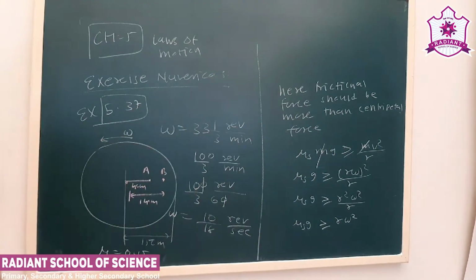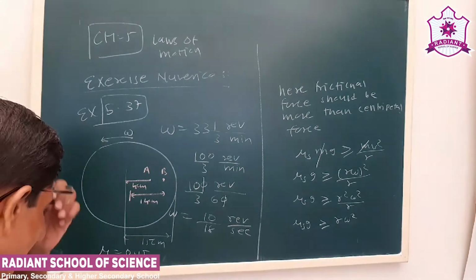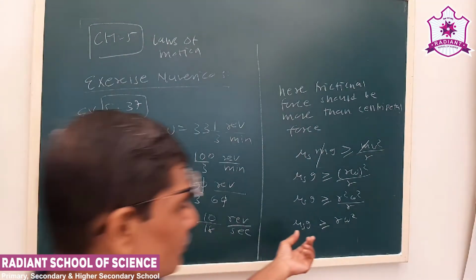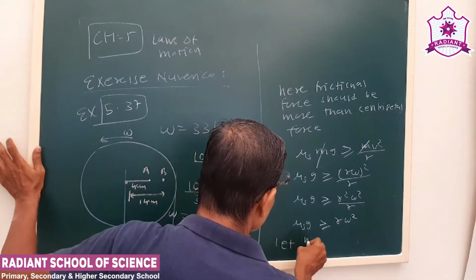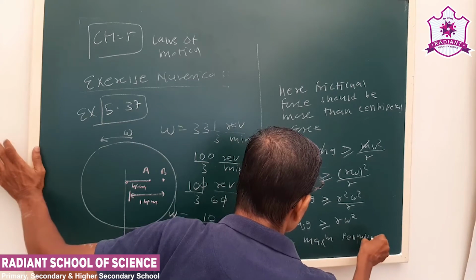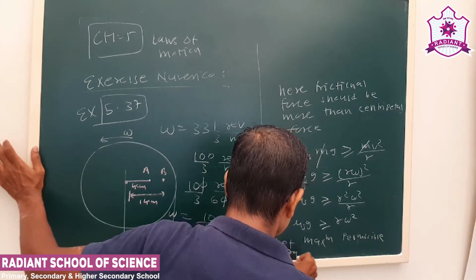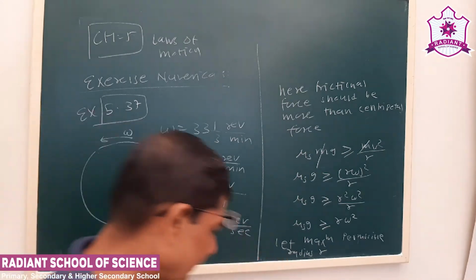Now see, for the maximum radius permissible, this is in terms of inequality, but when we take the maximum permissible radius r, in that case we have to take it as equal.